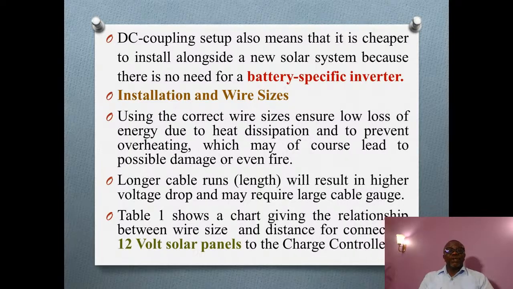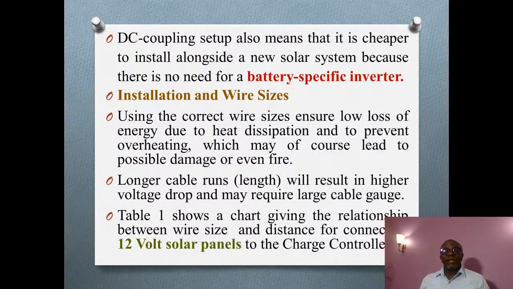So we say using the correct wire sizes ensures low loss of energy due to heat dissipation and prevents overheating. Of course, we know that overheating may lead to possible damage or even fire.